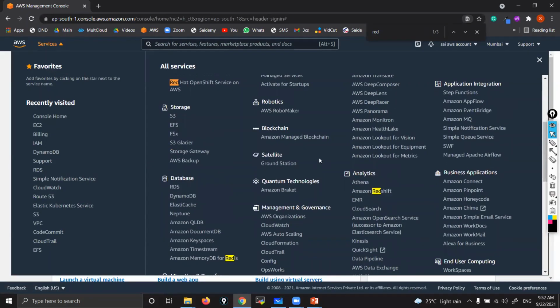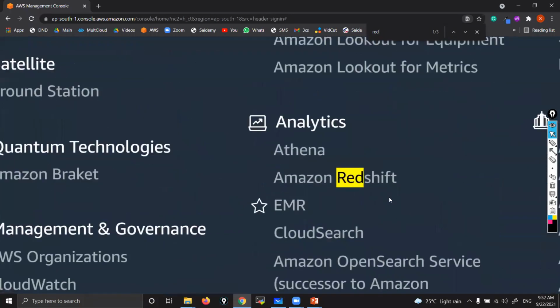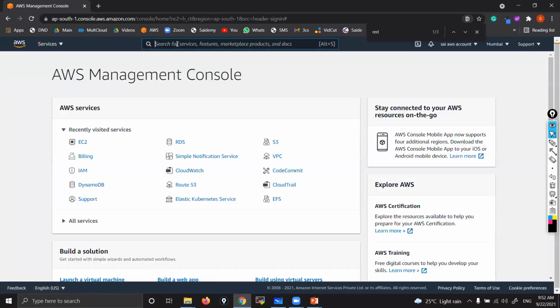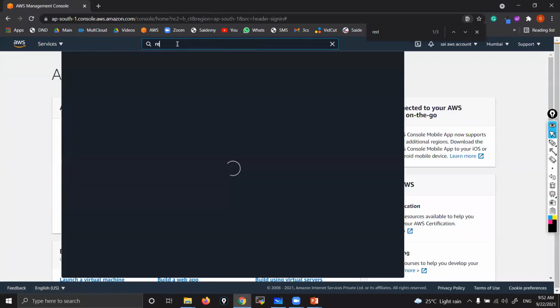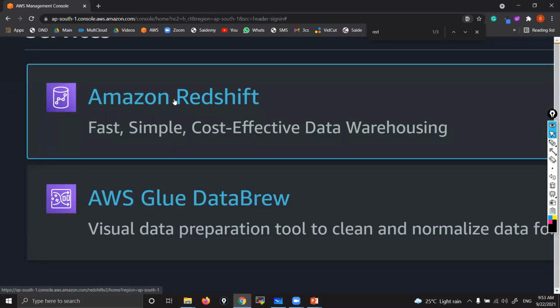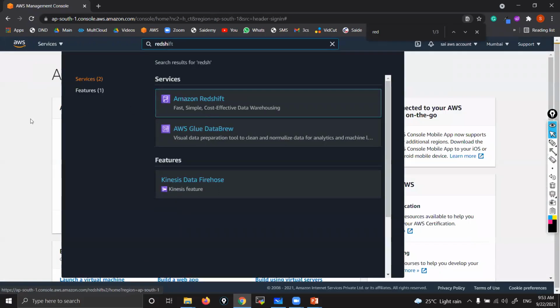Amazon Redshift is there. Or you can search from here, either Control F or Redshift, and directly get this: fast, simple, cost-effective data warehousing.